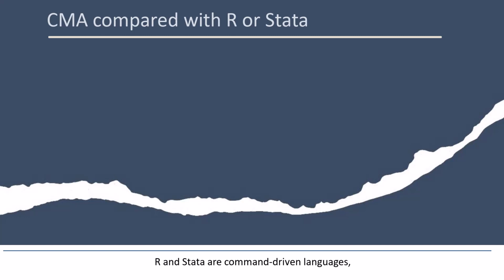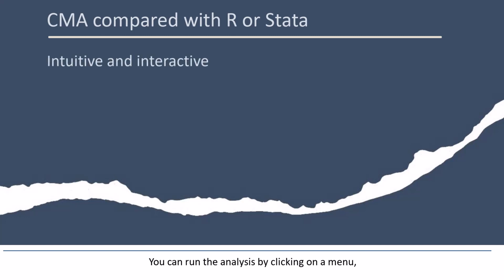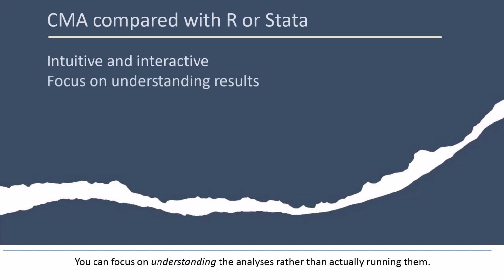R and Stata are command-driven languages, which means that you enter commands which are then submitted to the program. By contrast, CMA is intuitive and interactive. You can run the analysis by clicking on a menu, and all results are presented in a clear display. You can focus on understanding the analyses rather than actually running them.